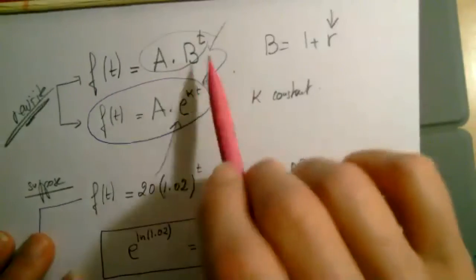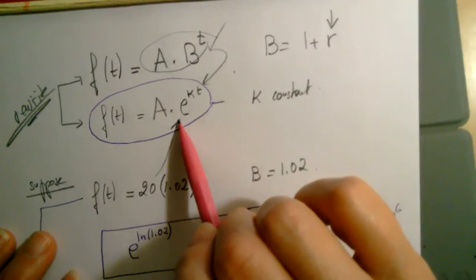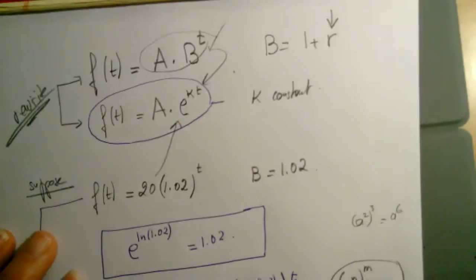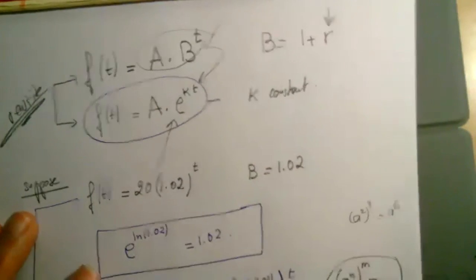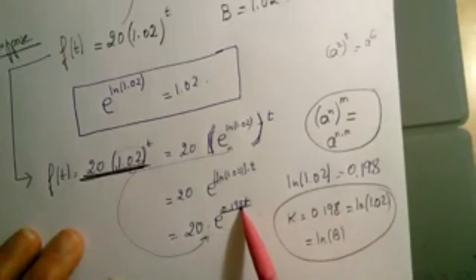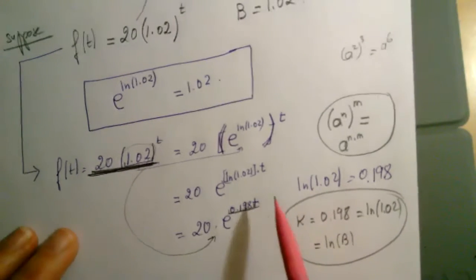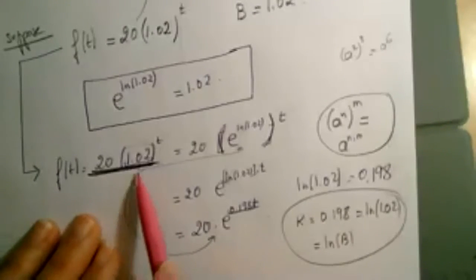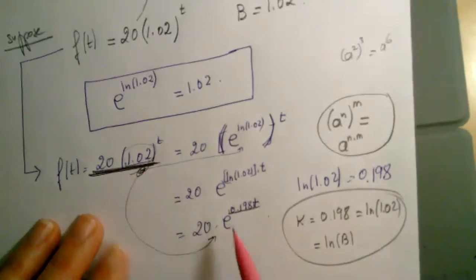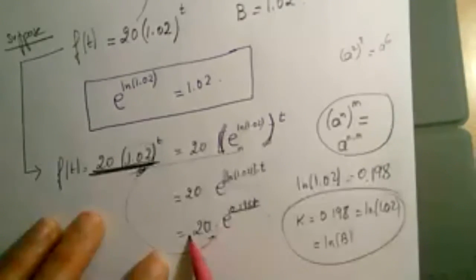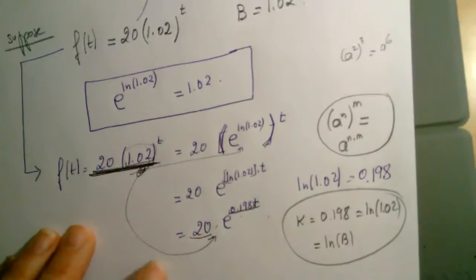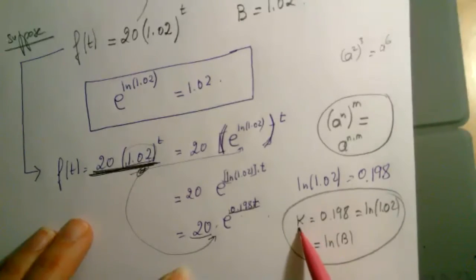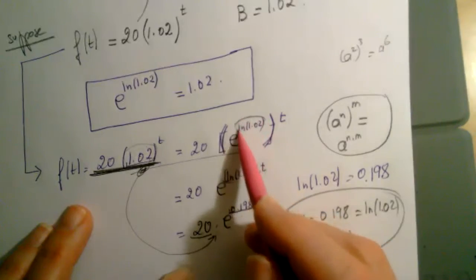My goal is to write it this way, so I don't want to backtrack. I'm trying to move forward to write it as e to the kt, and my k is going to be that number. You're right, but that's not my goal now. My goal is to take this function and write it as a certain value, 20 times e to the kt, and my k is the ln of 1.02.